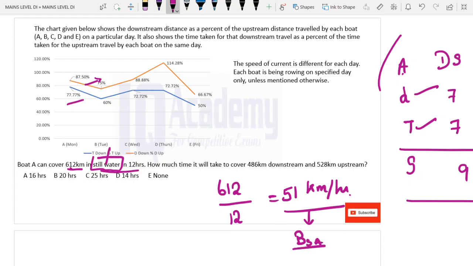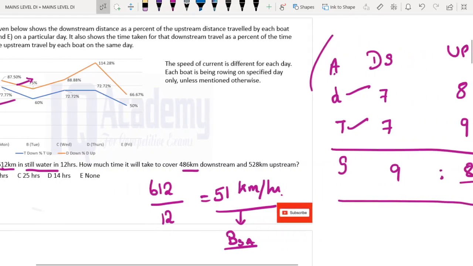Whenever they give still water, you should remember one thing: this is nothing but the boat speed. Still water means it's the boat speed. So 612 by 12 will give you 51 km per hour, and this is boat speed. How much time will it take to cover 486 km downstream and 528 km upstream?